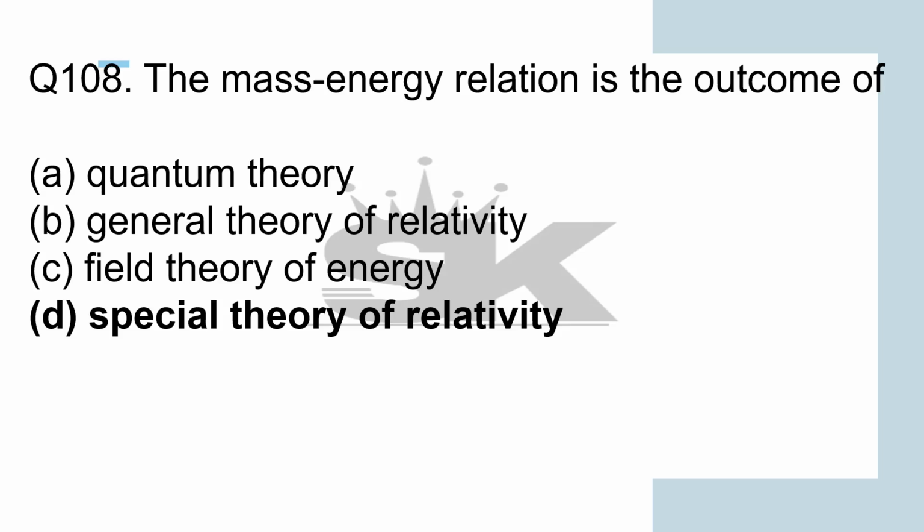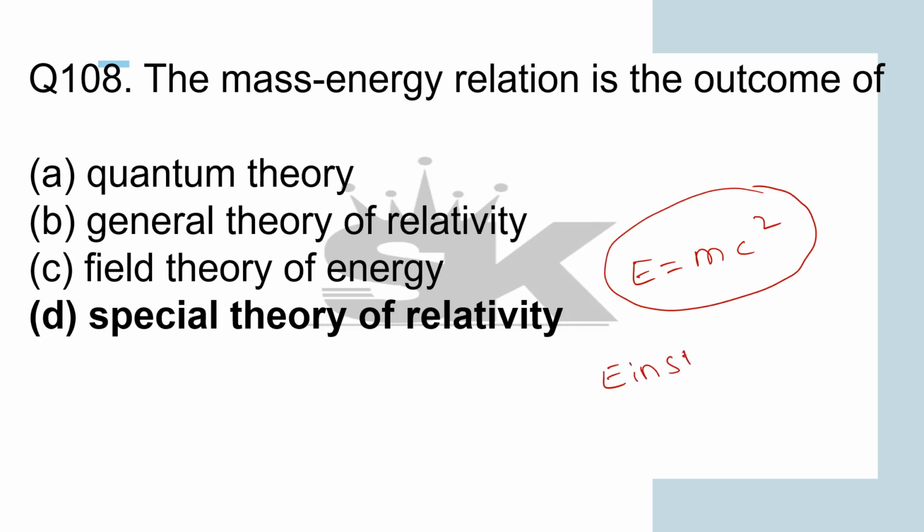In his theory of special relativity, Einstein formulated the well-known equation E equals mc squared. There is a tremendous amount of energy in mass. Nuclear reactions can be understood to release so much more energy than chemical reactions because of the mass changes.